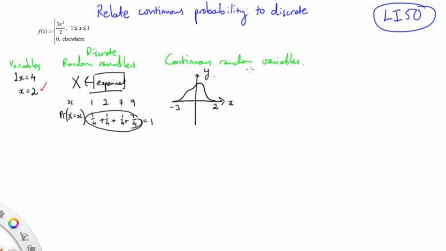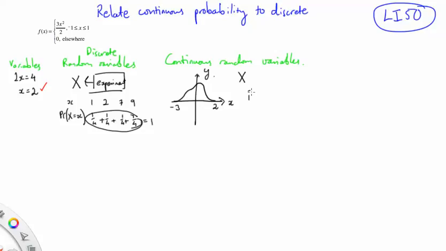And we might have a continuous random variable x. And we want to know what this can come out to be. But here's the thing with continuous random variables, we can only tell you across an interval.